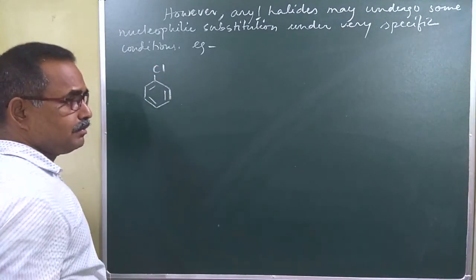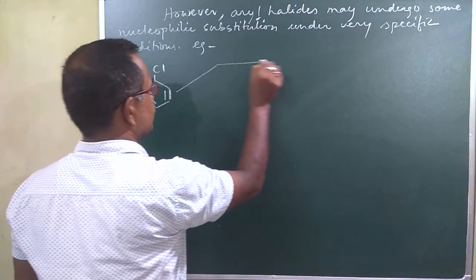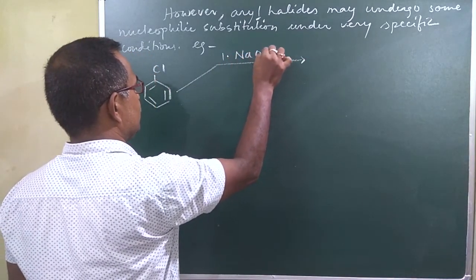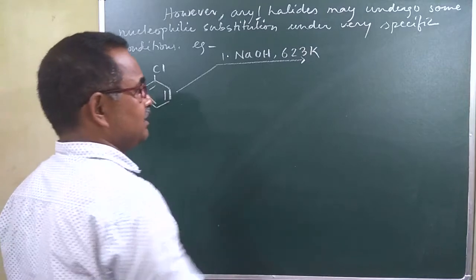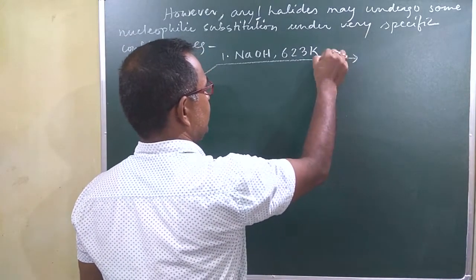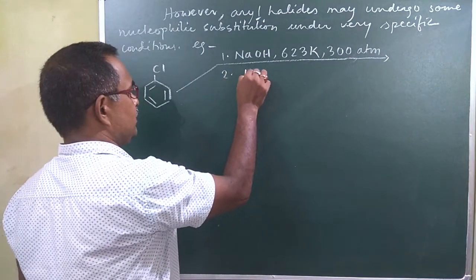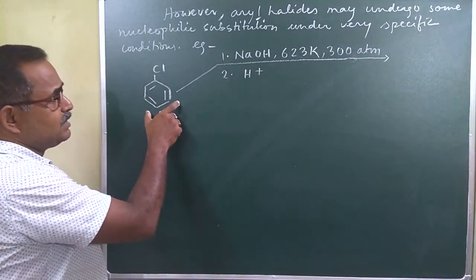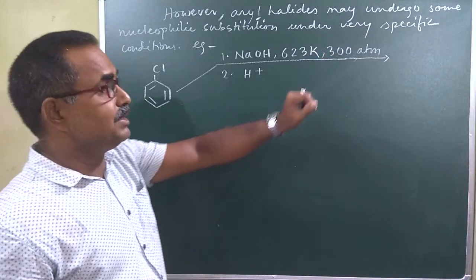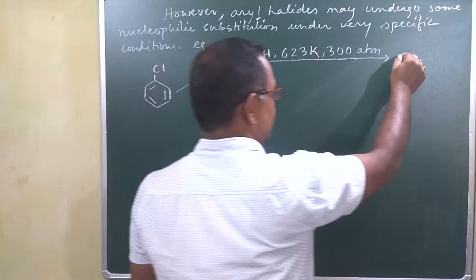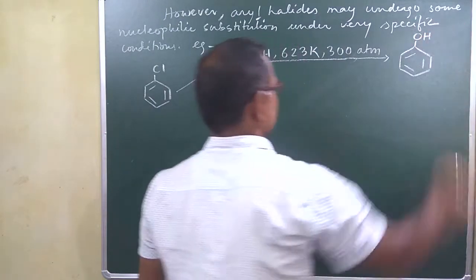This is chlorobenzene. If you treat chlorobenzene with sodium hydroxide at high temperature like 623 Kelvin and high pressure like 300 atm, followed by acidification, the chlorine will be replaced by an OH group.